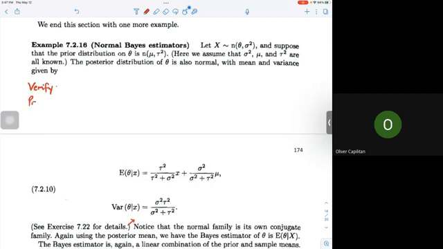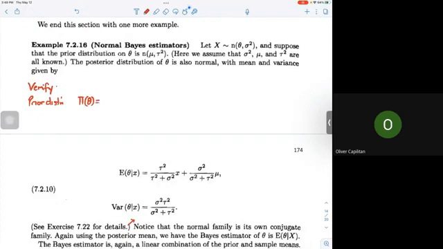we have our prior distribution. Our prior distribution, we have pi of the parameter theta having a normal distribution, with mean mu and variance tau square.